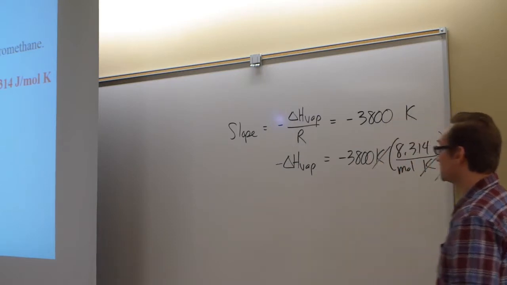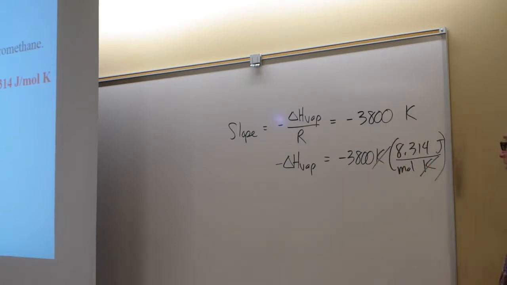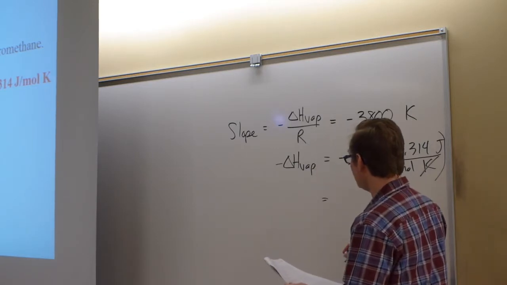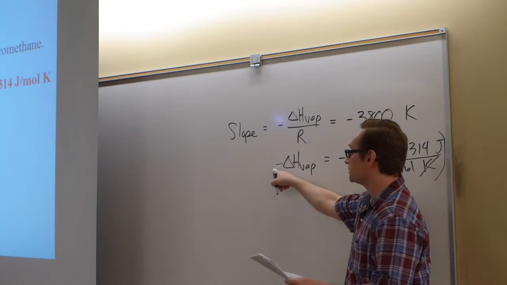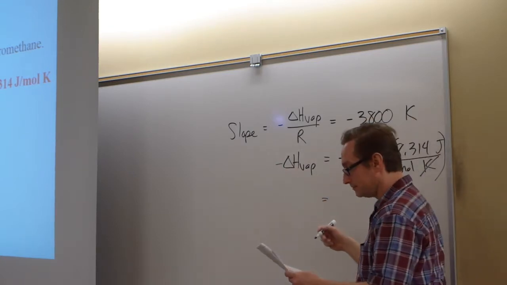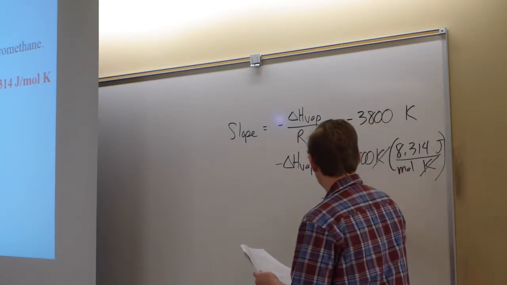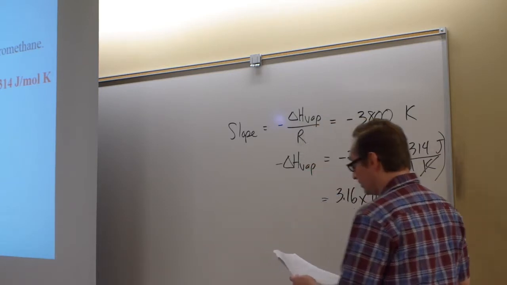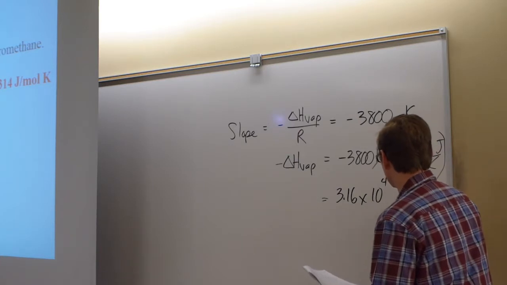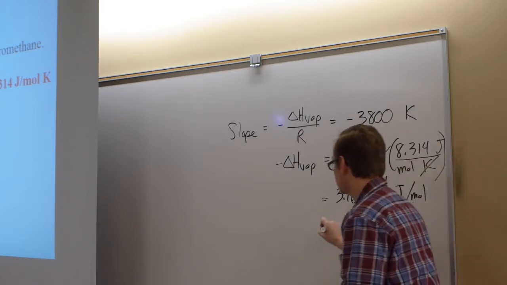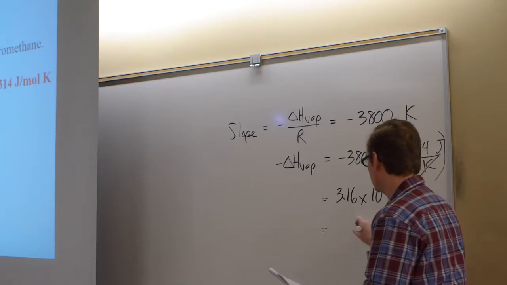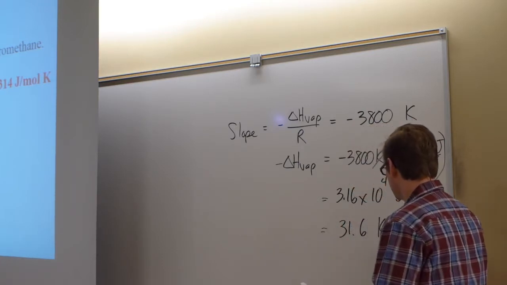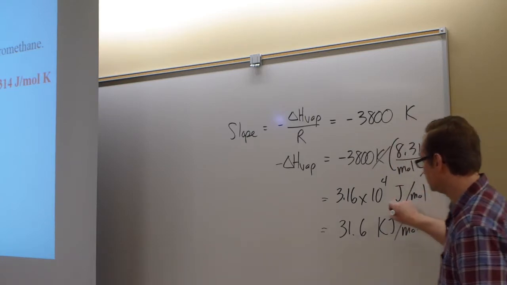And so the Kelvins cancel at that point, and we'll get units of joules per mole. These negatives also cancel each other out on both sides. So it's 3.16 times 10 to the 4th joules per mole. But of course, we usually do things in kilojoules per mole. So 31.6, converting joules to kilojoules.